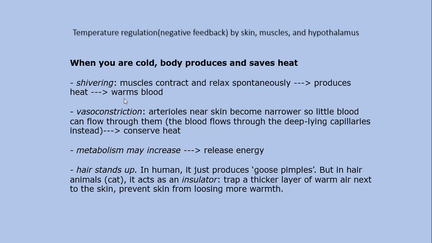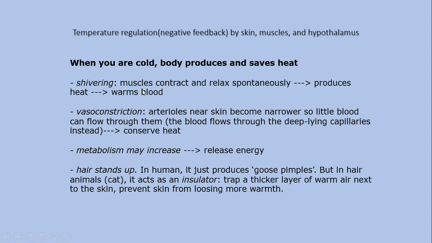We talked about skin, what happens in skin, such as sweating or vasoconstriction, and the dilation of the arterioles. It is called vasodilation when they become wider, okay? This also takes place near the skin. What about muscles?